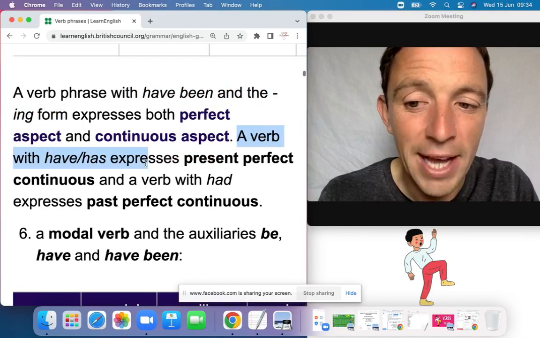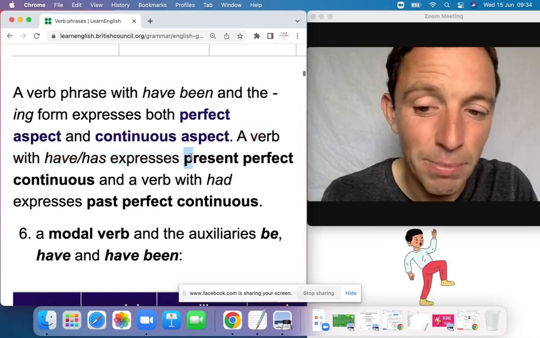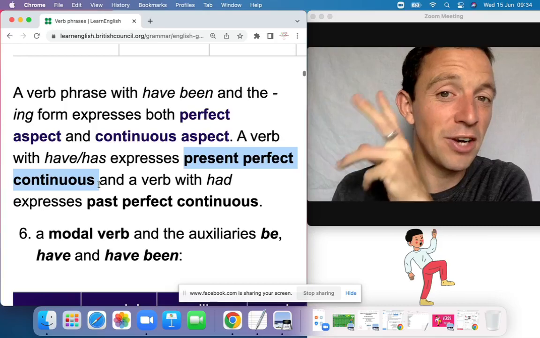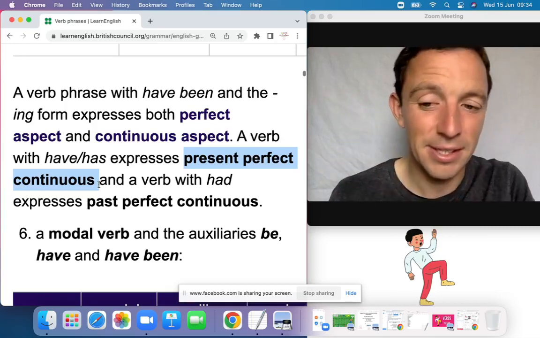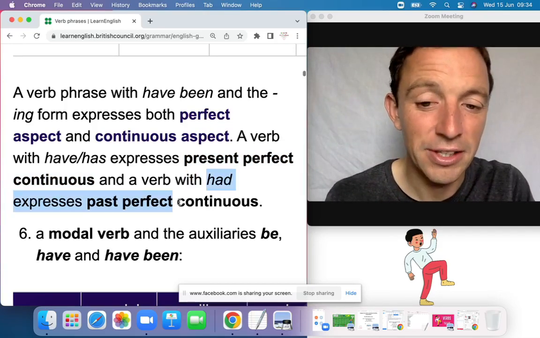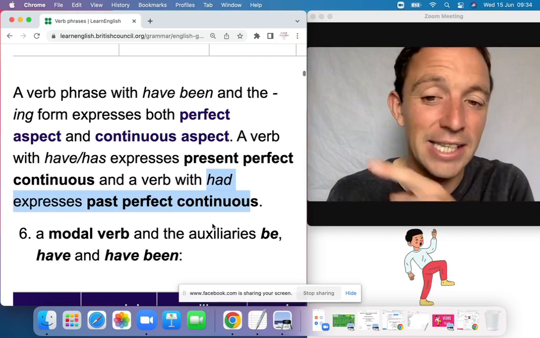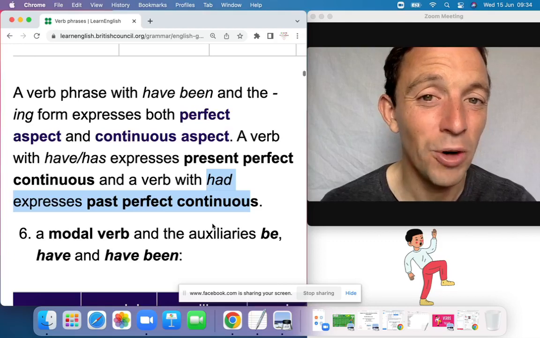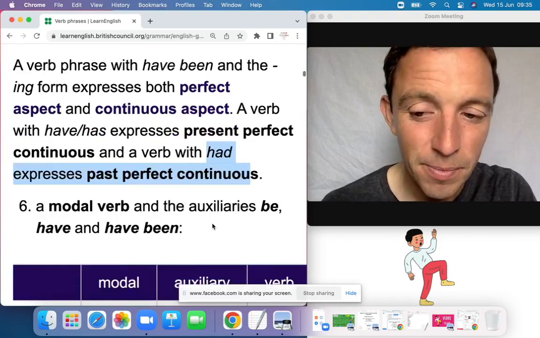The name is the present perfect continuous if the auxiliary is in the present, or the past perfect continuous if the auxiliary is in the past. That's an important structure, very important structure in English.